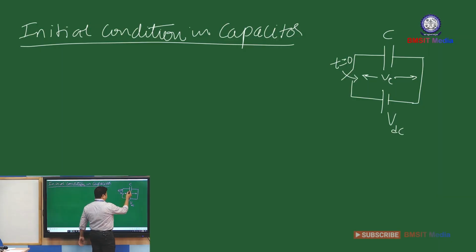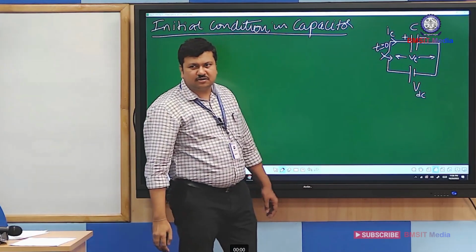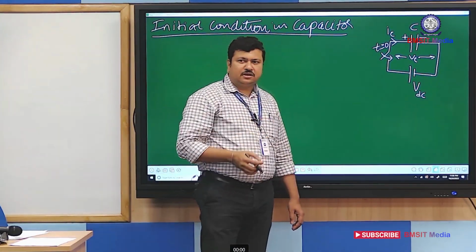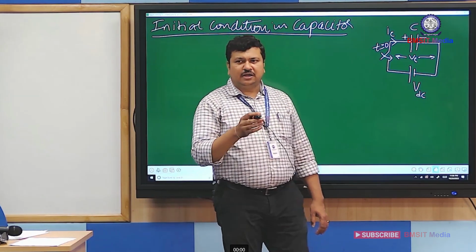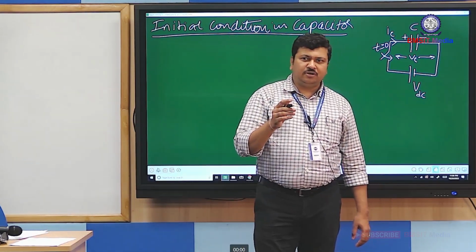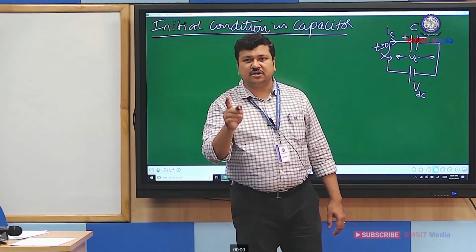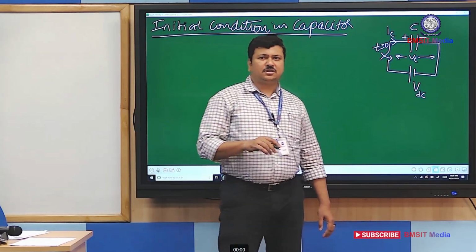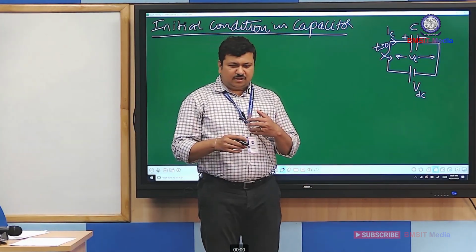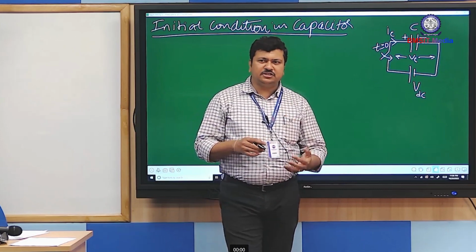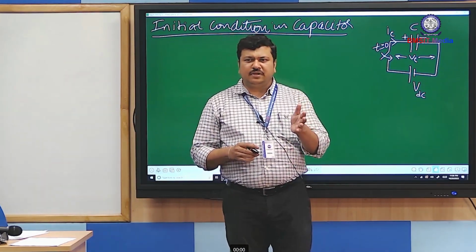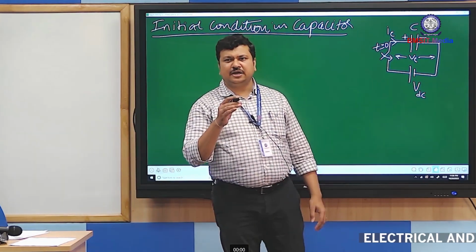If I consider this as the direction of current flow, then this plate will be at higher potential, the other plate at lower potential. The plus sign and minus sign across a capacitor state the higher potential point and lower potential point. That doesn't mean positive charge and negative charge. Generally in normal day speaking, I say one plate of the capacitor is charged positively, the other negatively.